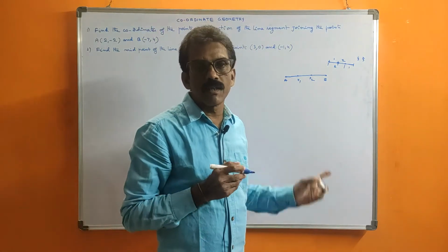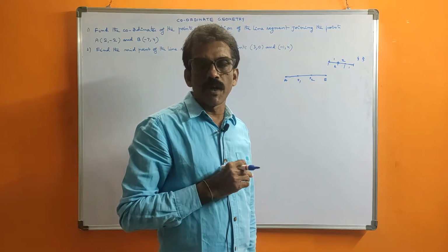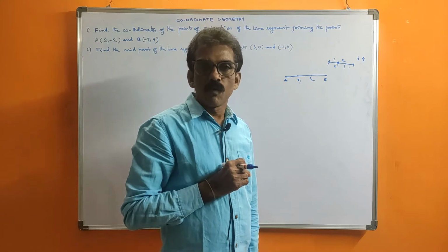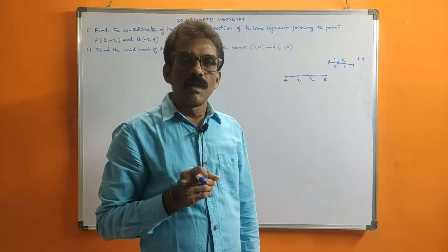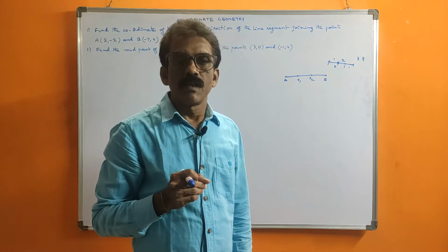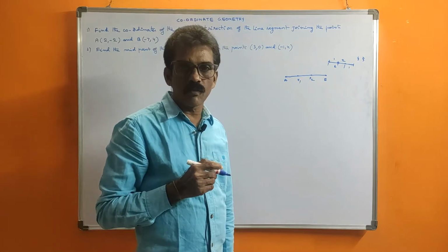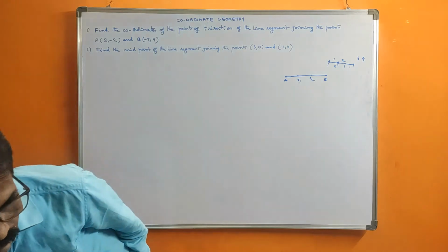We already know the formula: the point which divides the line joining the points (x1, y1) and (x2, y2) in the ratio m1:m2 is ((m1x2 + m2x1)/(m1 + m2), (m1y2 + m2y1)/(m1 + m2)). Using that formula, we can find these 2 points.